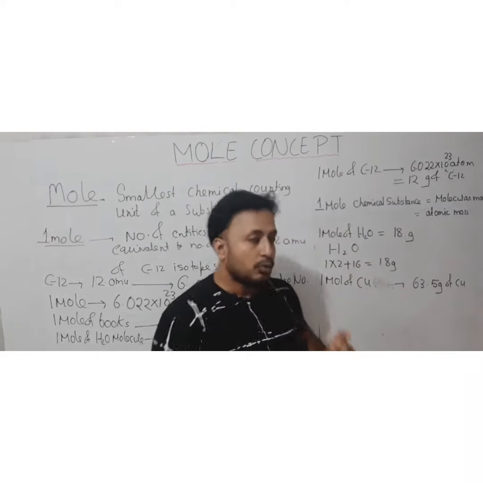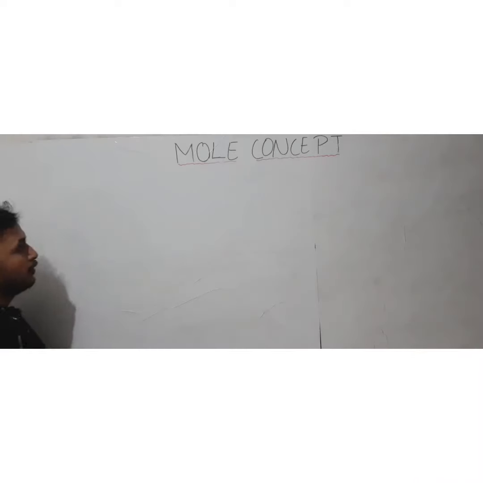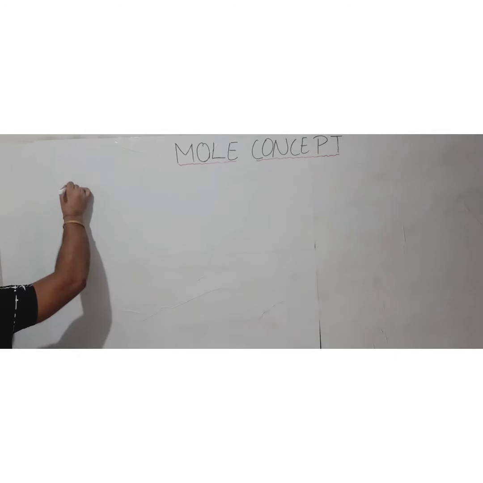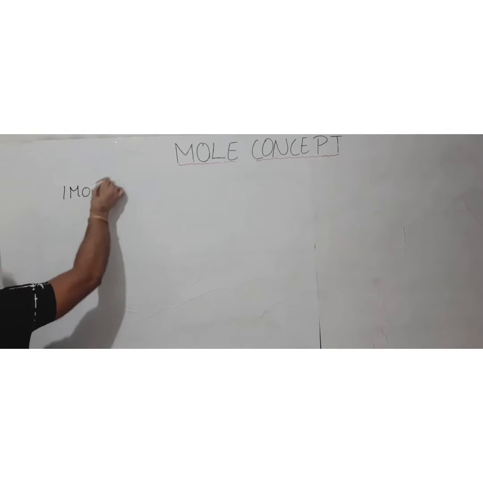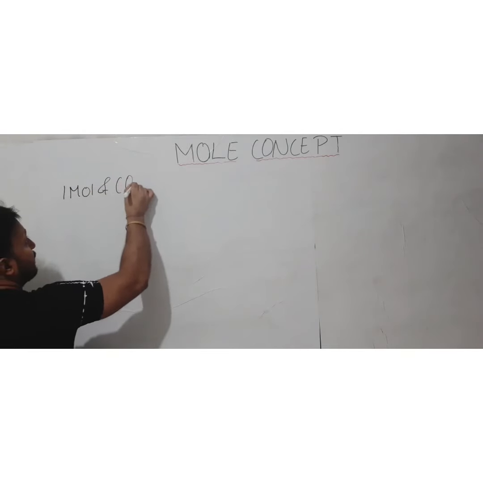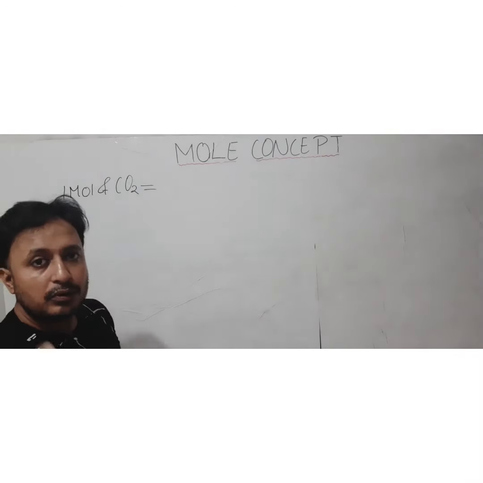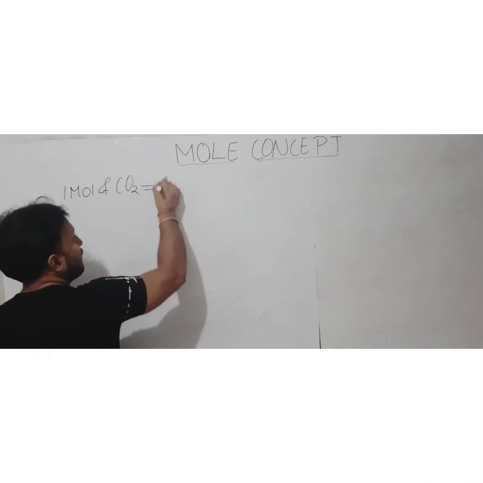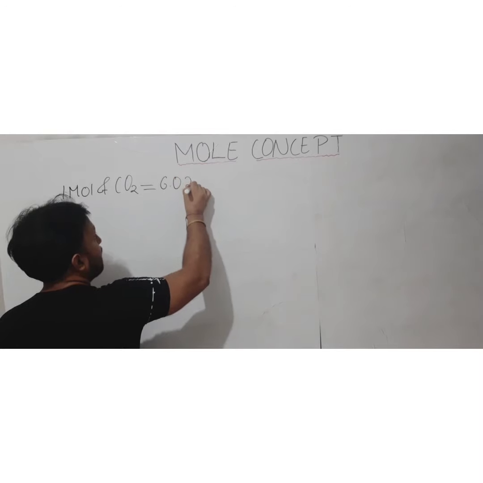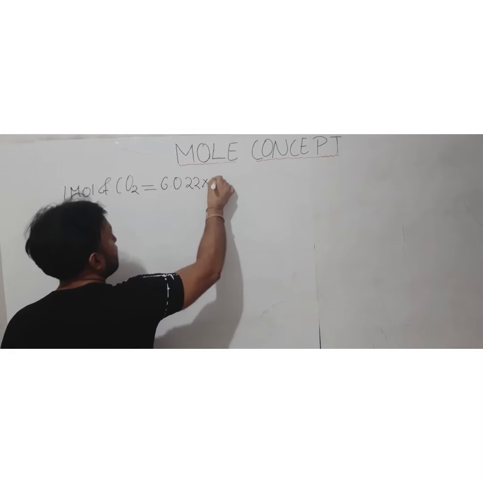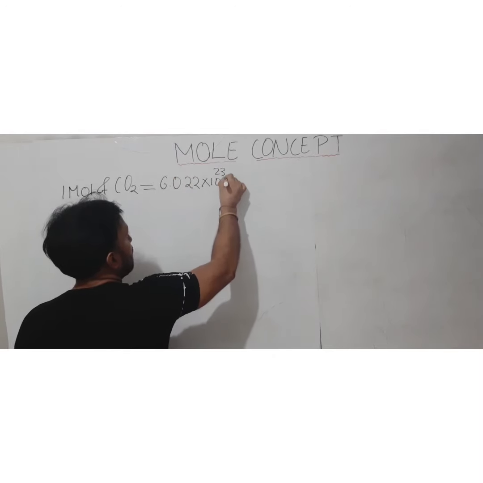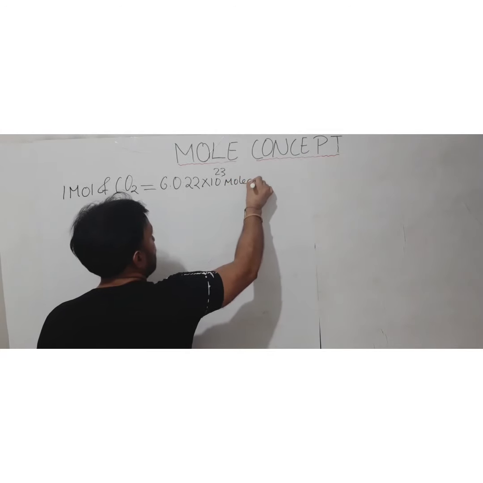Okay, so now we are going to see some more examples. Suppose I say 1 mole of carbon dioxide gas. How many molecules of carbon dioxide are there in 1 mole? It will be equivalent to 6.022 into 10 raised to power 23 molecules of carbon dioxide.